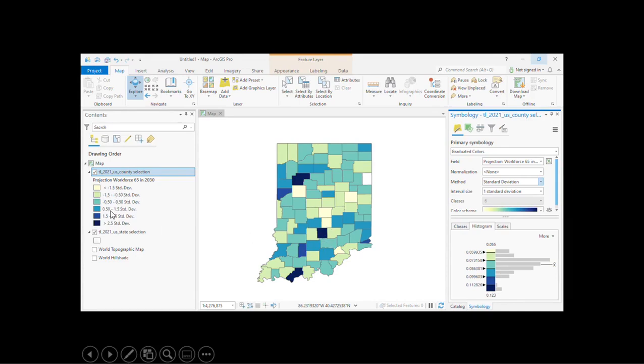Here you can see how the groupings are done: from negative half a standard deviation to half a standard deviation, from a half to 1.5, 1.5 to 2.5 standard deviations, and then the dark blue are greater than 2.5 standard deviations away from the mean. Those are going to be our outliers for sure, on the right tail of our distribution.